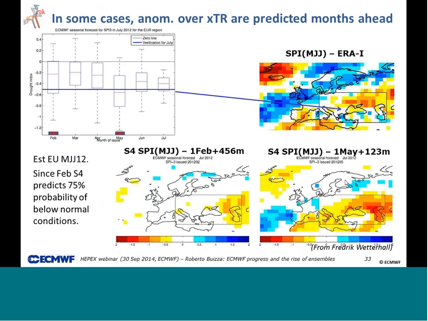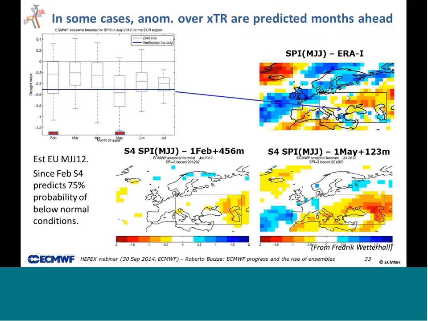But how about seasonal forecast over Europe, or say the extratropics? Well, this is a very challenging area in which to make skillful seasonal prediction, especially if we look at precipitation anomaly or droughts. But there are again cases where we start seeing good forecasts being issued. This is a case of summer 2012. I'm showing here an observed index that is usually used to predict droughts.